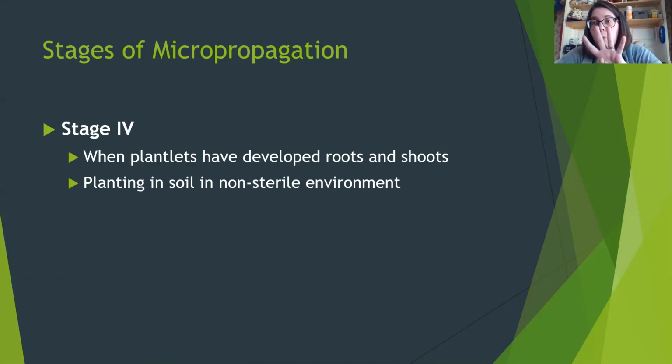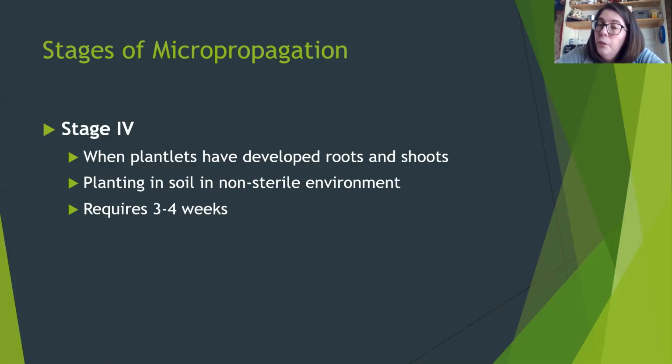So stage 4, roots. Stage 3, big shoots. Stage 2 is when we get the little itty bitty shoots coming up from the plantlet that is in stage 1. Okay? We're going to be planting in soil, which is a non-sterile environment. And this lasts about 3 to 4 weeks.